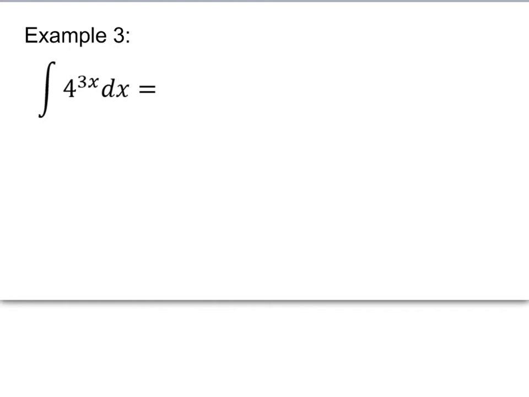Okay, so 4 to the 3x dx, we're going to integrate this. Our u has to be our exponent, which is the 3x. And again, remember I said we were going to adjust this before we ever did the integration. So our du is where our adjustment is going to come from. If u is 3x, du is 3 dx.